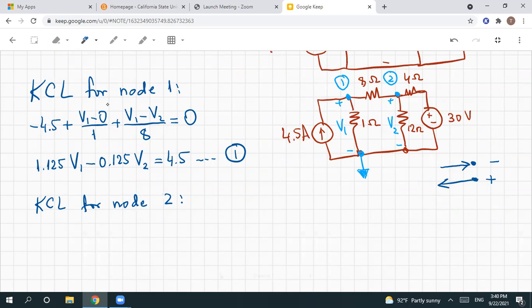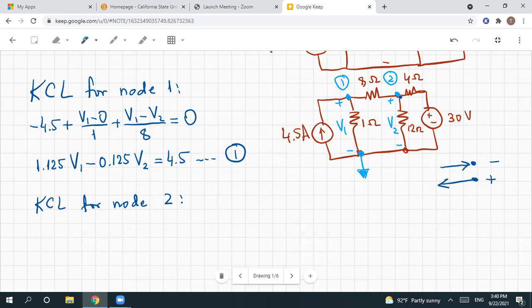Okay, now we need to write KCL for node 2. And as we see, to node 2 we don't have any current sources connected, so we don't have any constants in this, but we need to represent all the currents in all 3 resistors through Ohm's law as a voltage difference over the resistance.